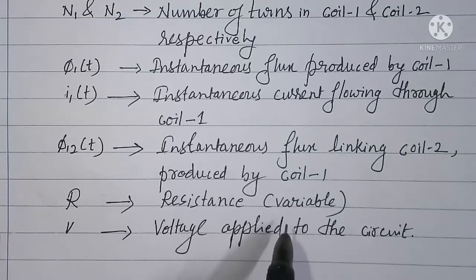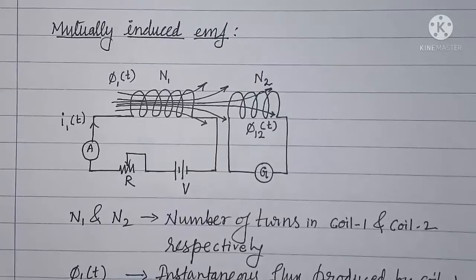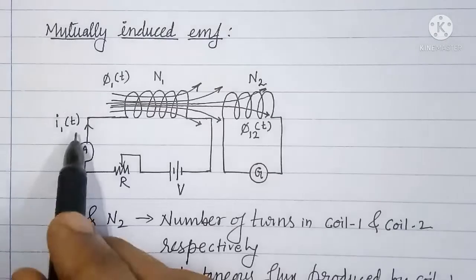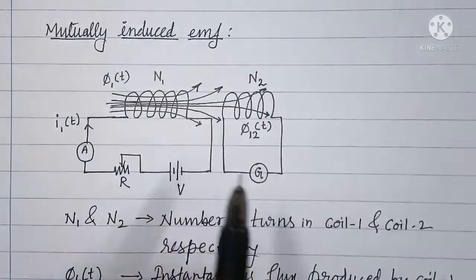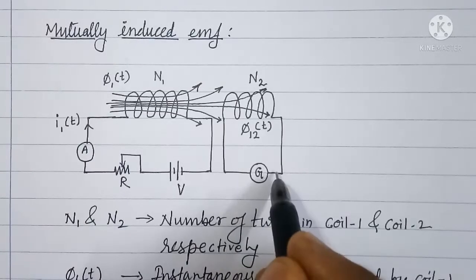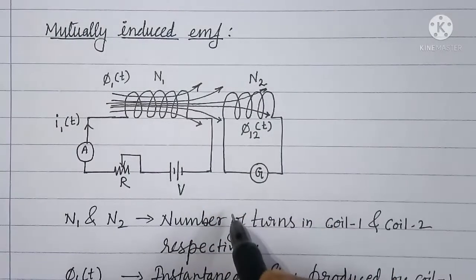It is to change the current flowing through the coil. V is voltage applied to the circuit. In addition, you can see here ammeter A to measure current I1 of t flowing through the coil 1, and G connected to the terminals of second coil to measure the EMF induced in the coil.